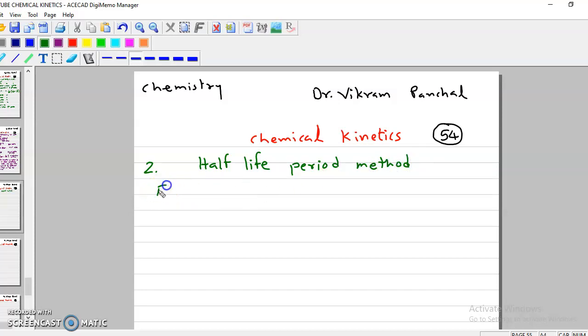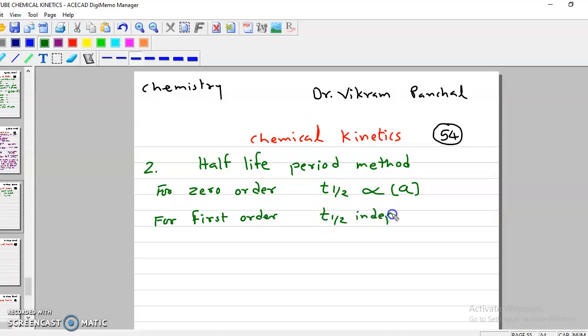For zero order reaction, T half proportional to concentration of A. For first order reaction, T half is independent of concentration of reactant.